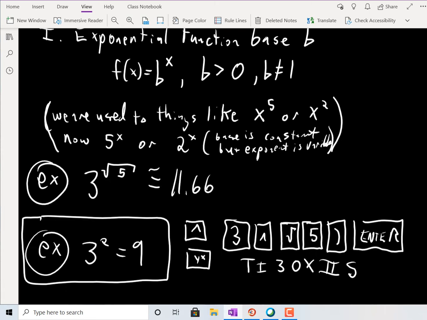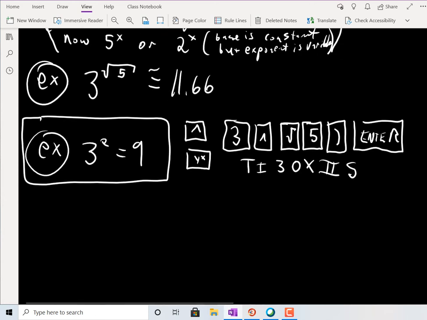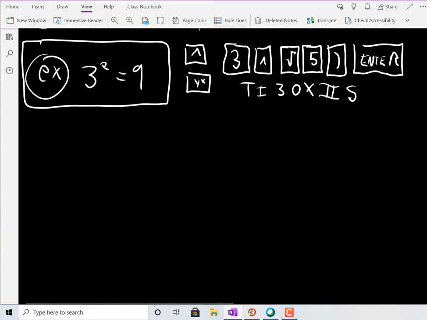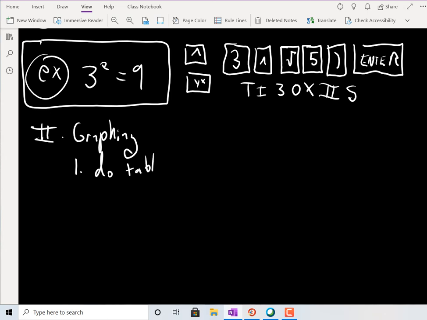Make sure you can evaluate these, because the first part we need to do is graphing using a table. We'll put a bunch of x values in the table, find the corresponding y values, and then plot all the points. Let's take a look at that kind of problem. Graphing, we just want to figure out the basic shape of this thing. In the beginning, the best way to figure that out is just to do a table.